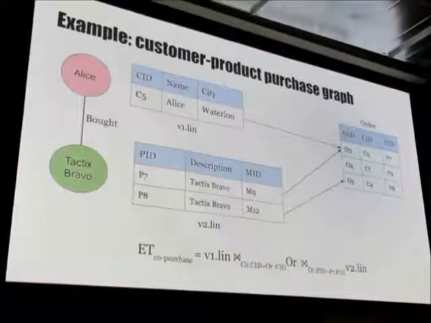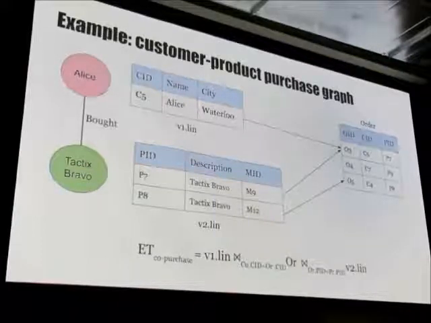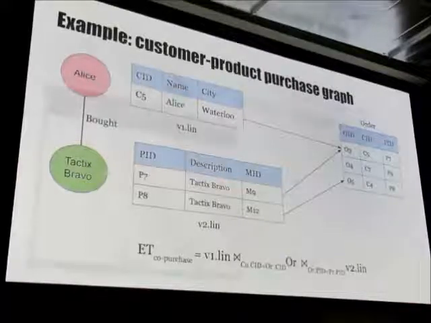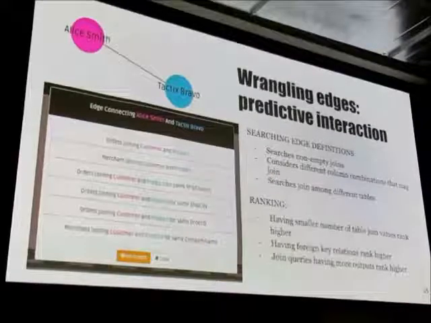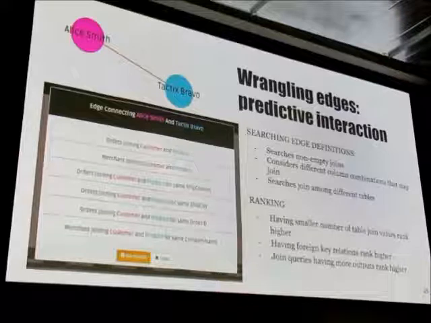We can see on the table that Alice bought this product before. So there is a join, the order table, joining these two lineages. So anything that joins the node lineages can be an edge definition. So we can draw this edge for this customer product table. Okay.